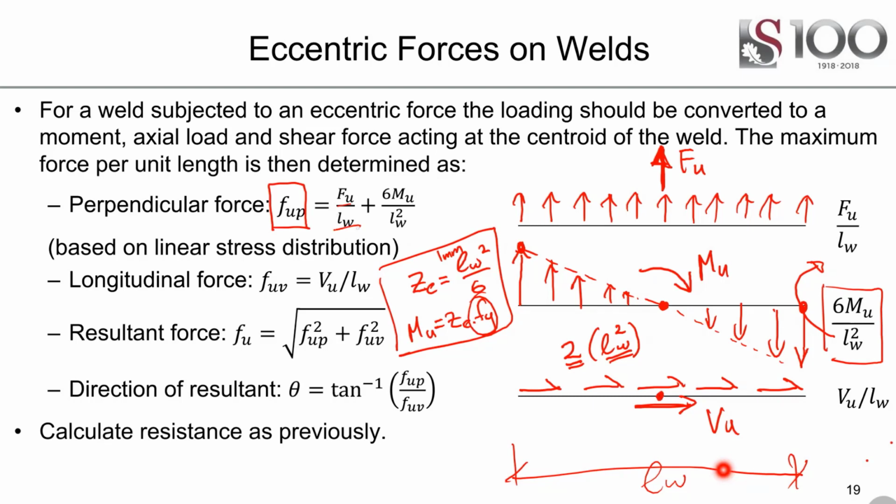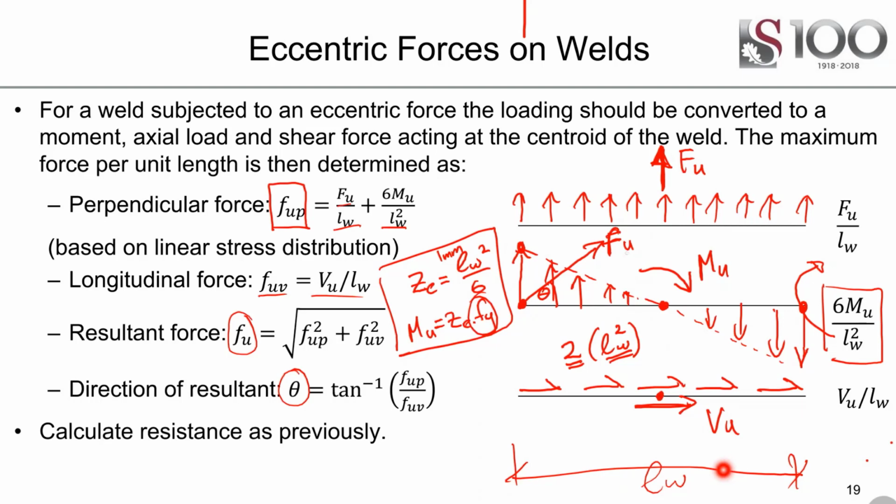So you've got your perpendicular, you've got your longitudinal, you get your resultant as you've seen earlier, and then you also calculate the angle of the resultant. And so, for instance, what you would find in this case is that you end up with a resultant here, small f, at some angle theta.